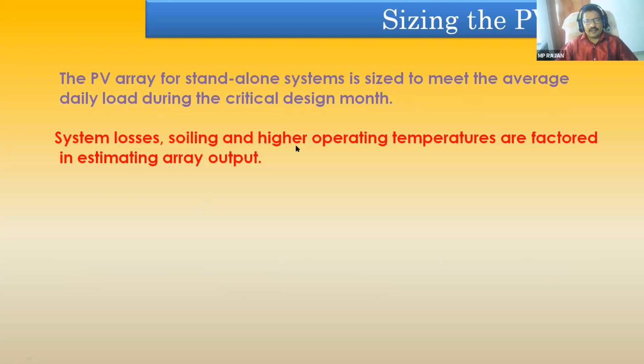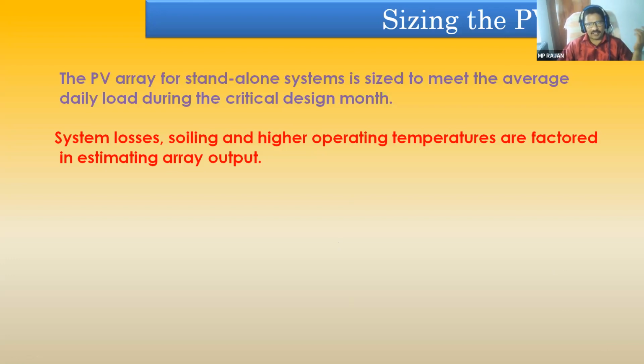So here, what are the things we have to take into consideration? I told so many parameters: temperature, angle of tilt, season, location. Leaving all these things, at least the system loss. Some losses are there in the panel itself. Soiling: if it is covered with soil, your output will be less.